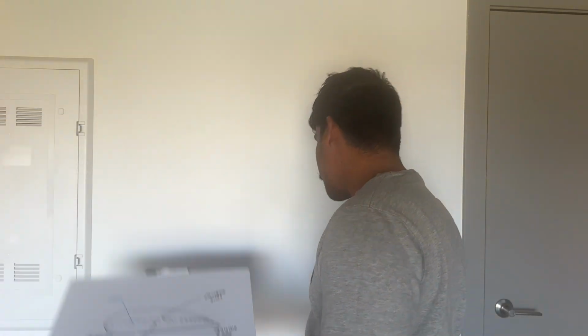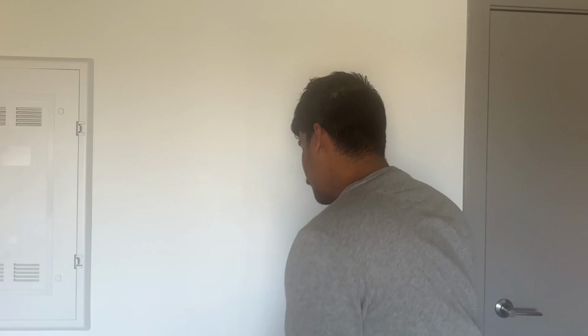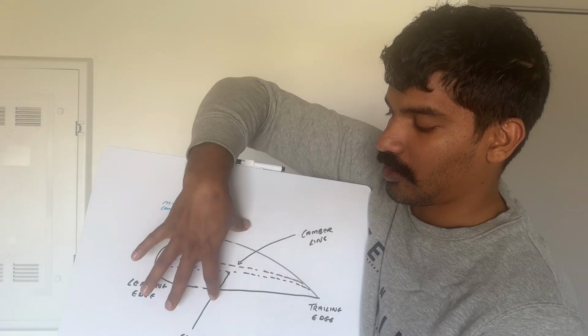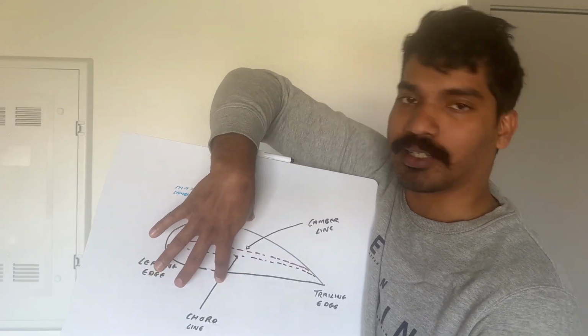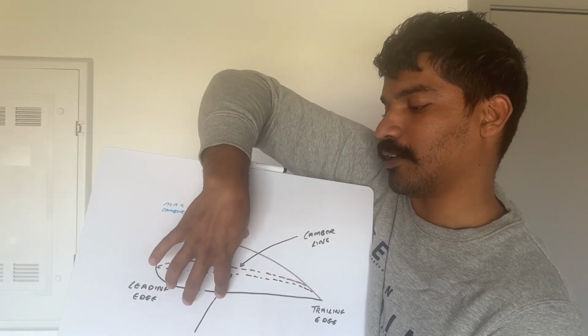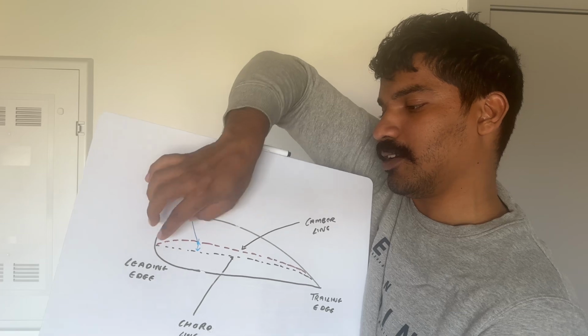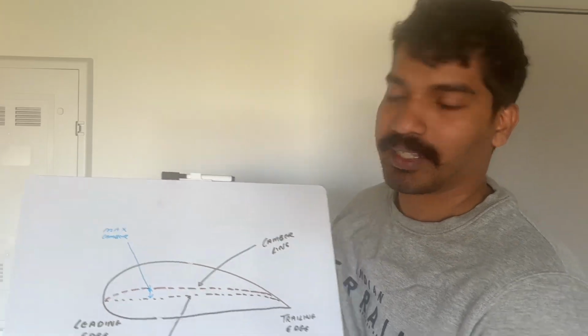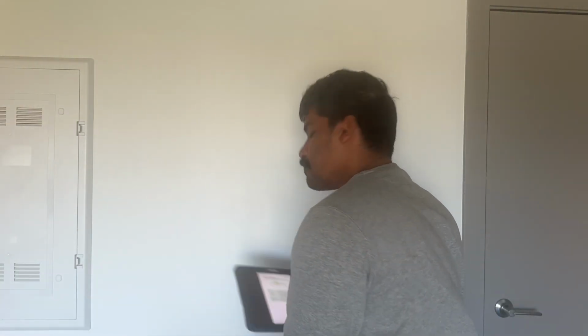The definition is the ratio of the maximum thickness to chord expressed as a percentage, right? So the ratio between this, which is the maximum thickness, to this chord line. If you look at it, it's the ratio between the vertical and the horizontal. That is what you call the maximum thickness chord ratio.